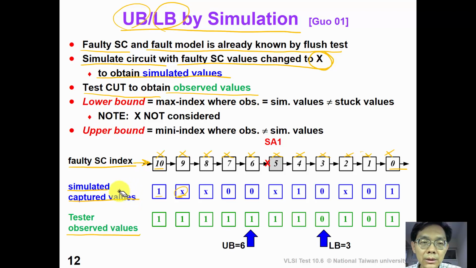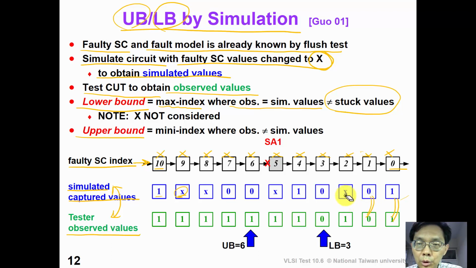By comparing the simulation value and the observed value, we can identify the lower bound and the upper bound of the fault. The lower bound is defined as the maximum index where the observed value is equal to the simulation value, but they are not equal to the stuck value. For example, for index number 0, they are the same. For index number 1, they are the same.